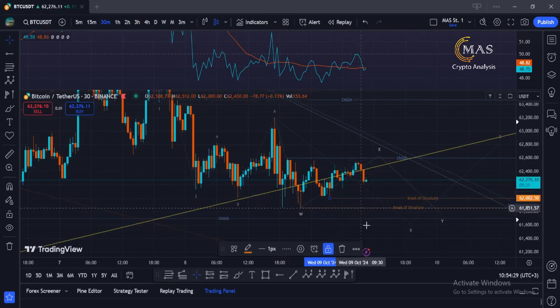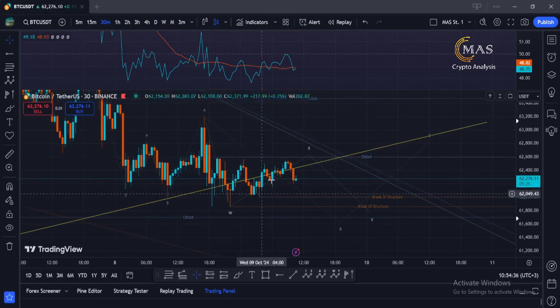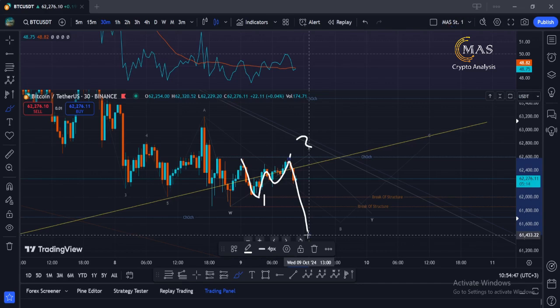So if we go here, my friend, to break this level, it will be a continuity for this area, and maybe we will watch this first wave and the ABC to be the second wave, and go for the third as I count for you.